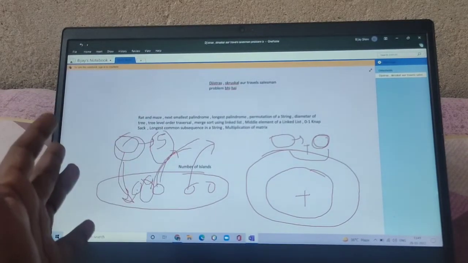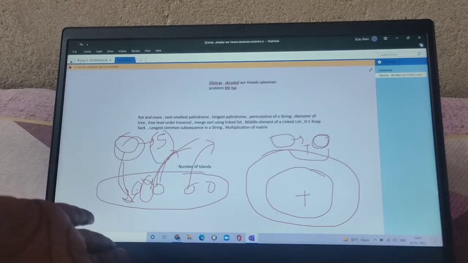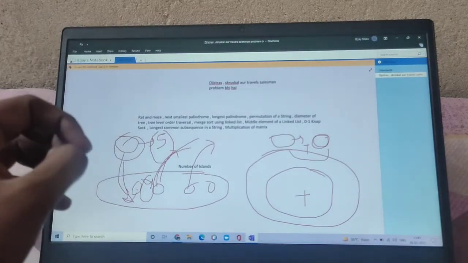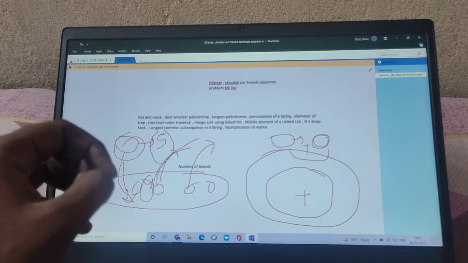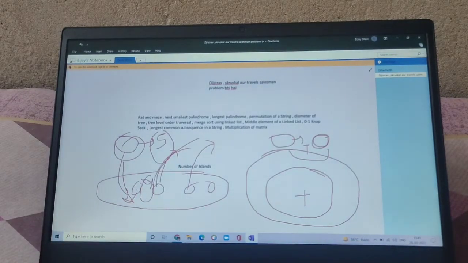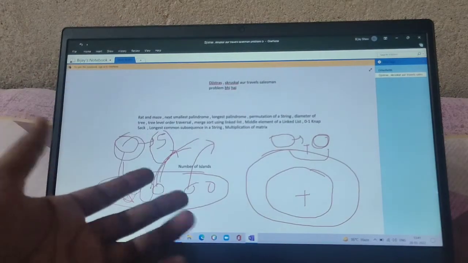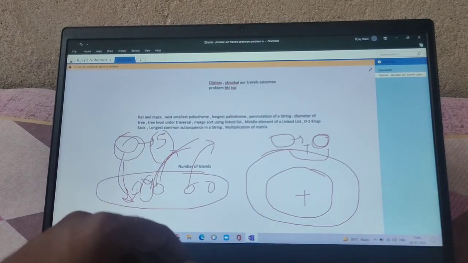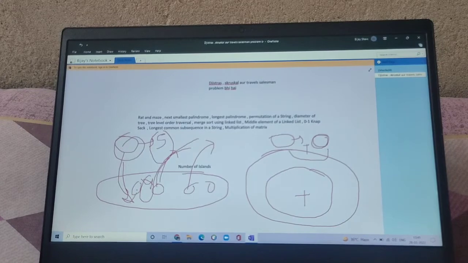If the person interviewing you has more experience, then he might ask a little bit of English questions and a lot of CS fundamentals, and one is a system design question, like a URL shortener. Be clear with DBMS.